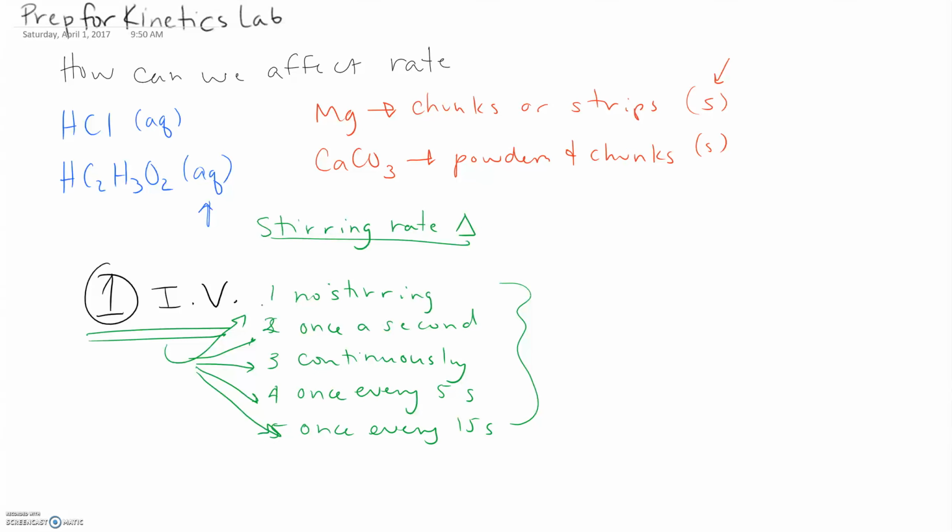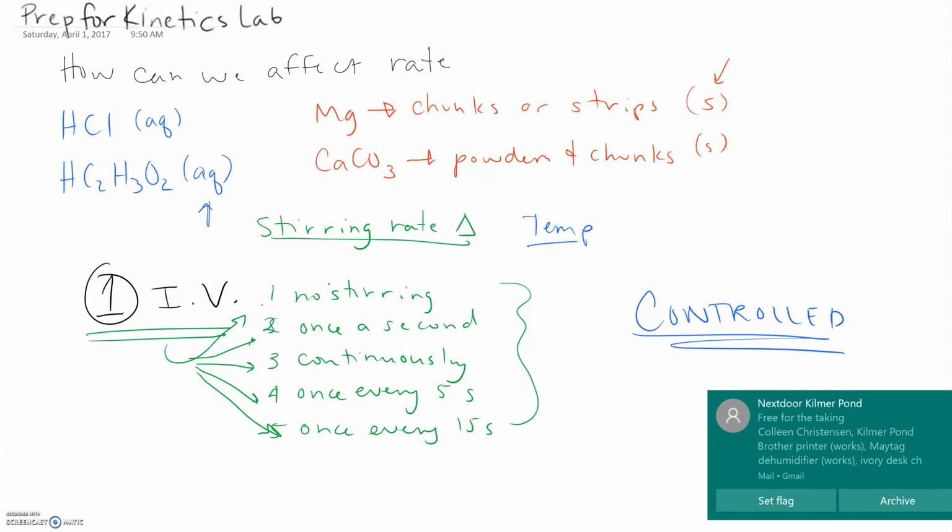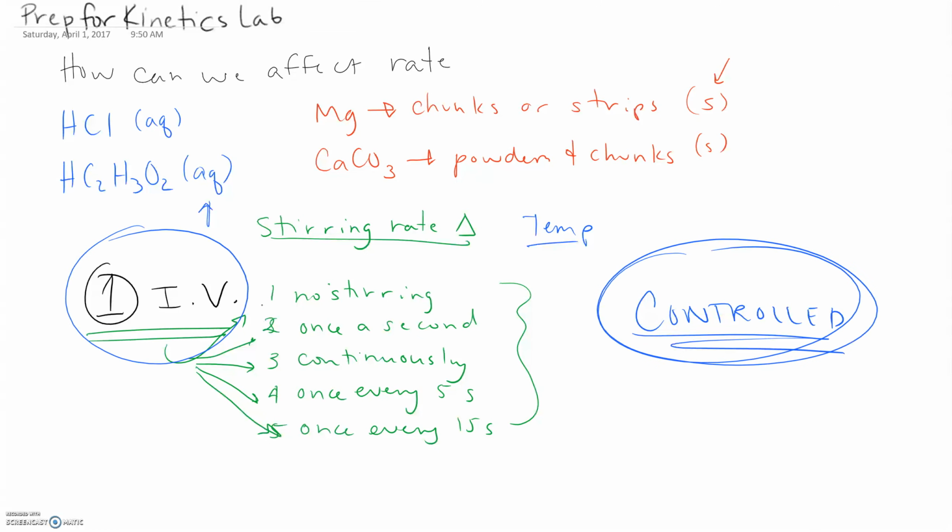Now everything else that we have taken into account in our experiment needs to be controlled for. So all of these other things that can affect rate, maybe temperature, maybe the size, maybe the concentration, maybe all of those things, we need to control for all of those things that we have not selected as our independent variable.